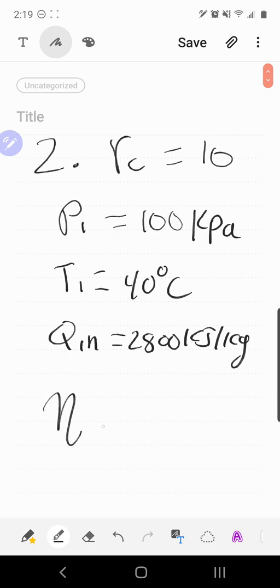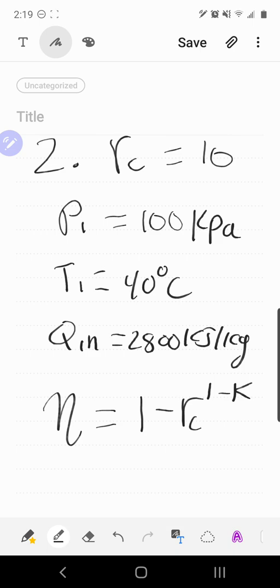Man, I'm gonna butcher this Greek letter. Eta is equal to 1 minus RC to the 1 minus K. This is pretty much all we need to solve this problem.